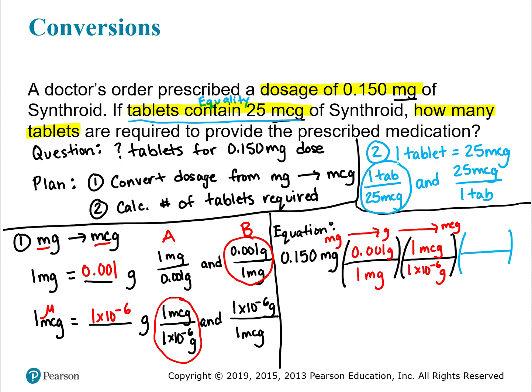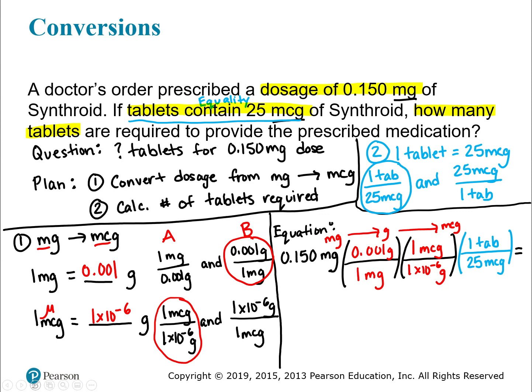So that's A, 1 tab over 25 micrograms. So we just had to use 3 conversion factors to go from our dosage all the way to the number of tablets that need to be taken for this dosage.